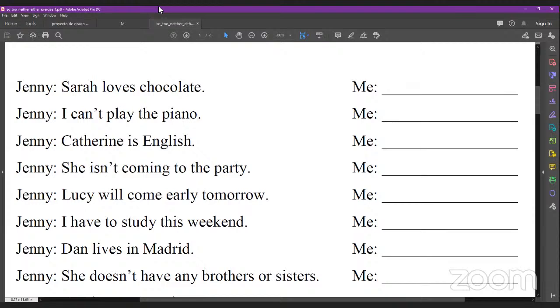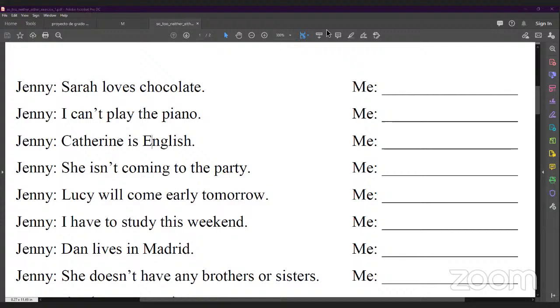I can't play the piano. No puedo, no sé tocar el piano. Y usted dice, ni yo. How do you say that in English? Neither can I. Yes, exactly. Spectacular. Neither can I. Perfect. Number 3. Catherine is English.